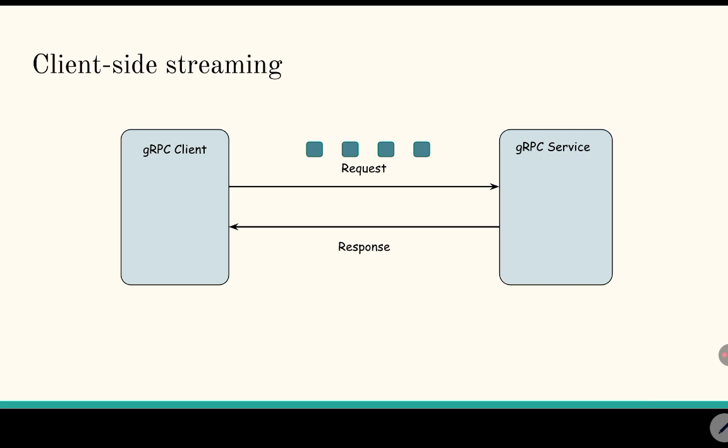It might be that the service waits for three chunks of the message and then collates that information and responds back, or it just waits for all four, or it could start from the first one. So that's the client side streaming. And the bidirectional streaming is obviously the full blown full duplex form, where the client is sending in streaming form, and the service is also sending in streaming form to the client.